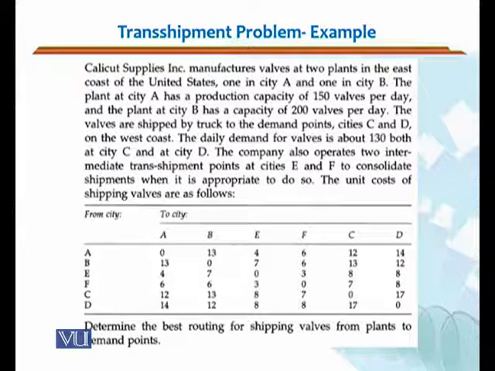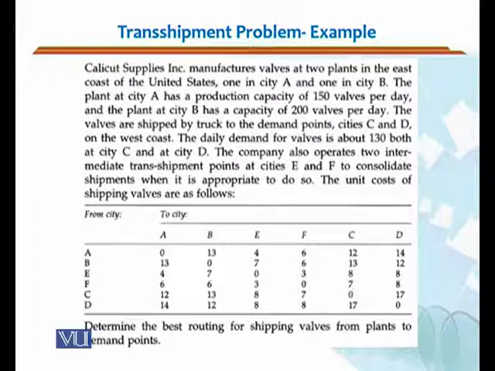The unit costs of shipping valves are as follows. So we have a table from city to city. Of course, there is nothing from A to A because it's the origin point. And from A to B, the unit cost of shipping the valves is 13. This is in terms of some currency units.